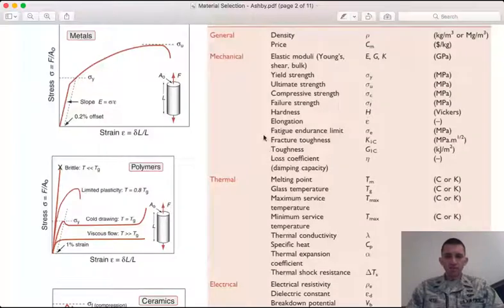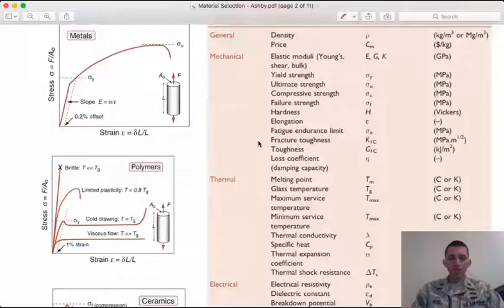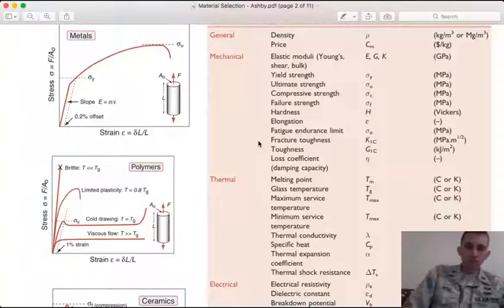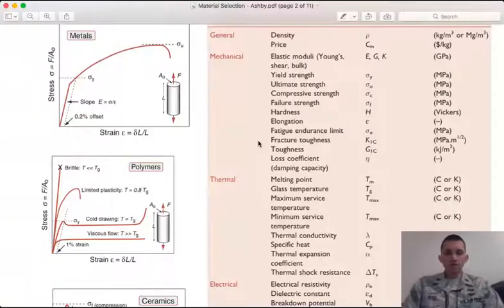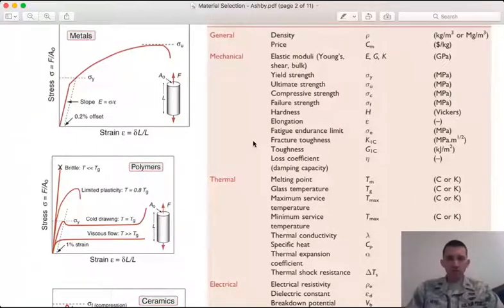These are done with other testing, fatigue testing, where you would apply a cyclic load for many cycles until failure. Fracture toughness, where you would apply an impact loading, right, where you would apply a lot of force in a very short amount of time to a pre-notched sample, and then measure how much energy it takes to fracture that material.